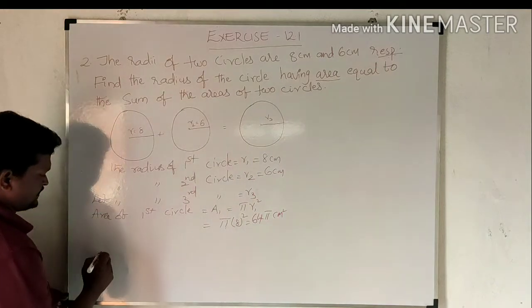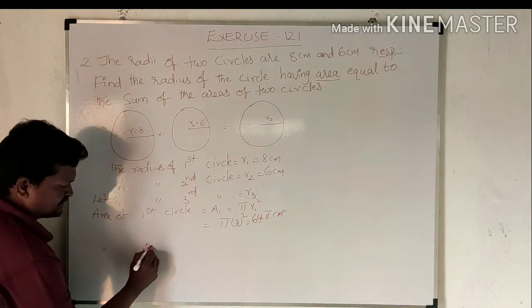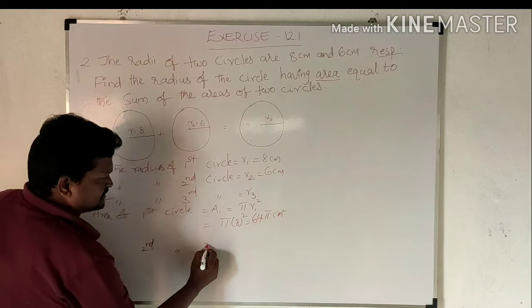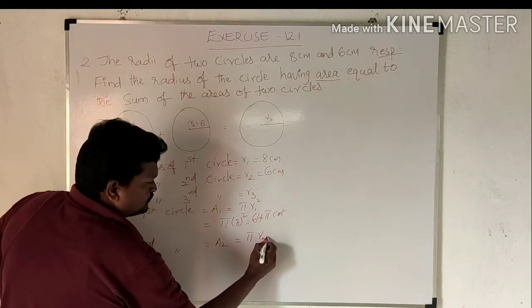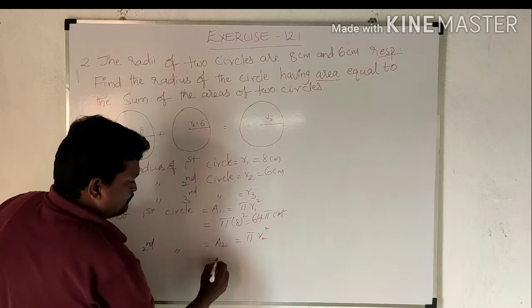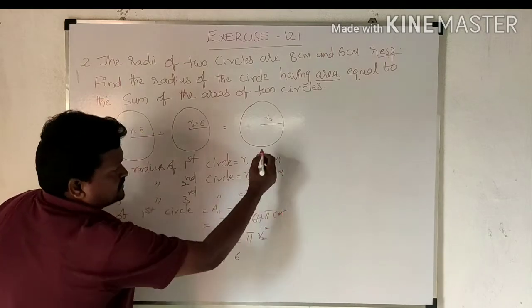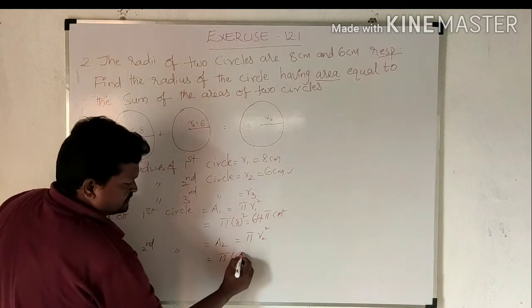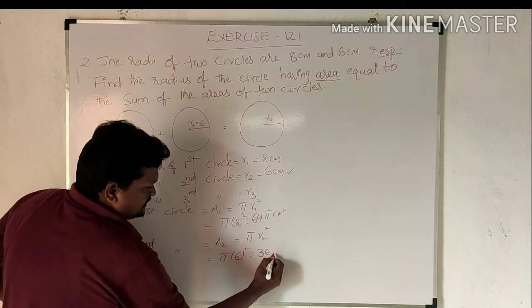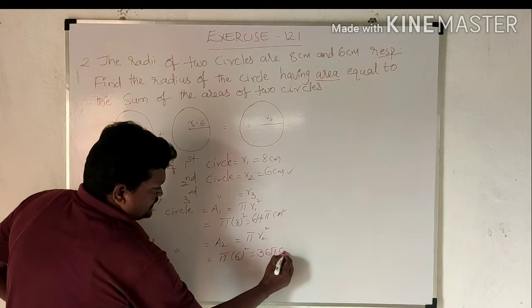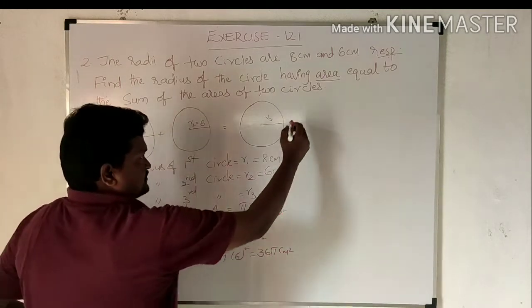Okay. So now the area of the second circle is A2, that is pi R2 square. So pi, what is R2? It is given 6 centimeters, 6 square. Okay, 6 square means 36 pi centimeter squares.